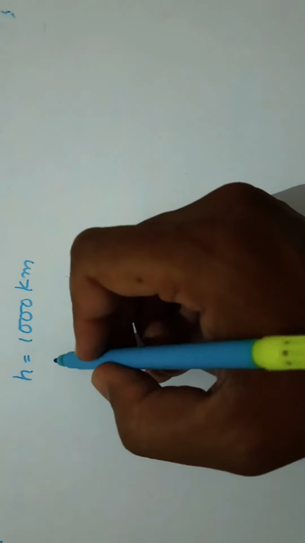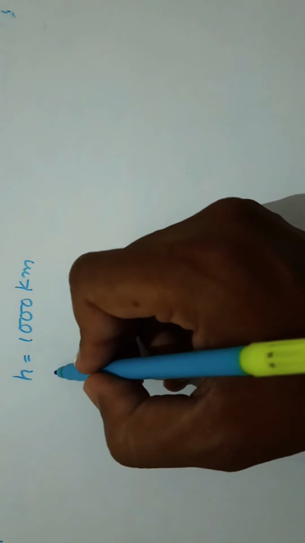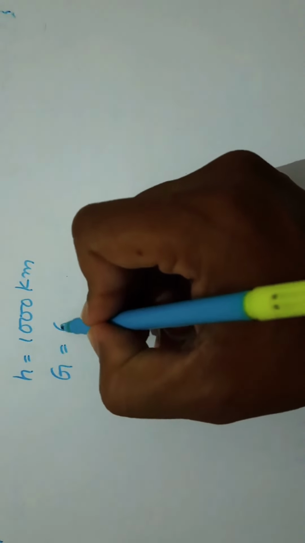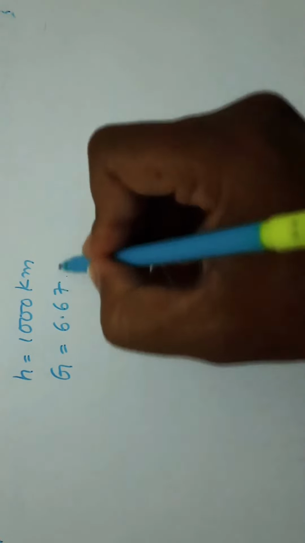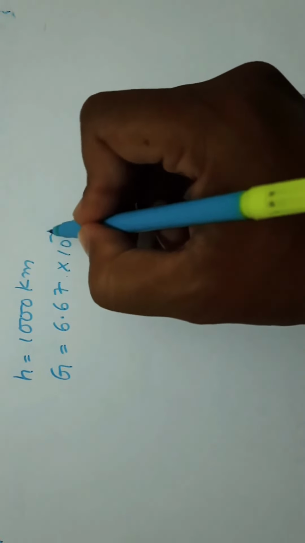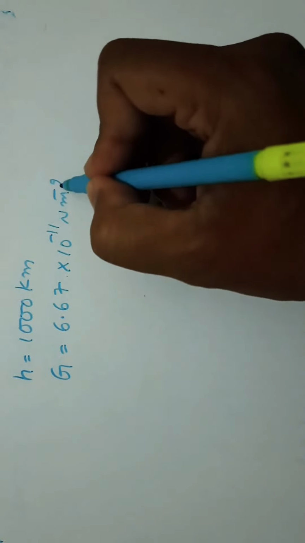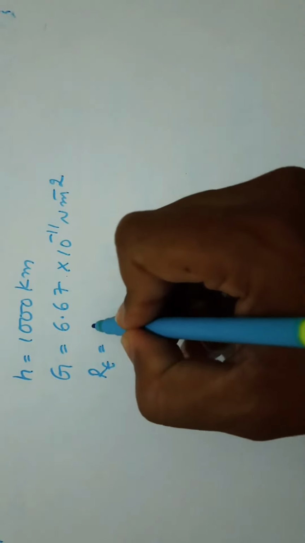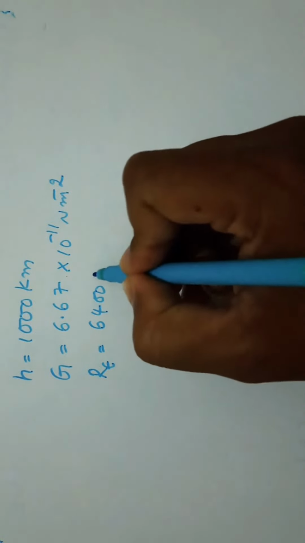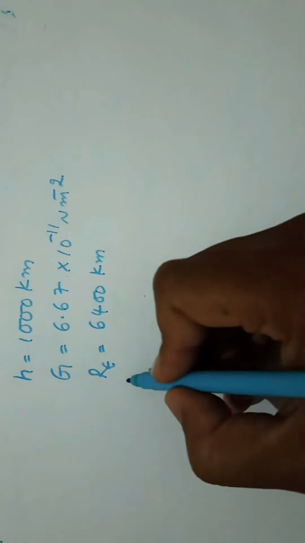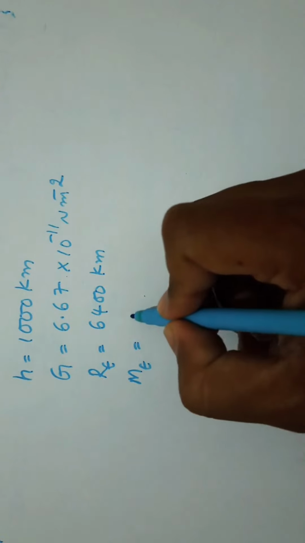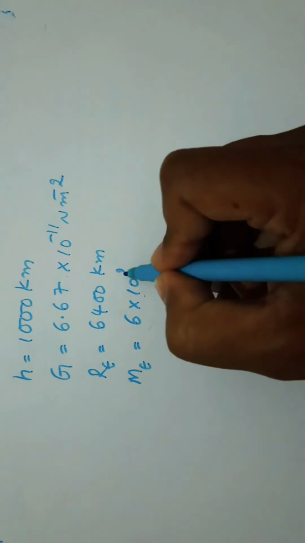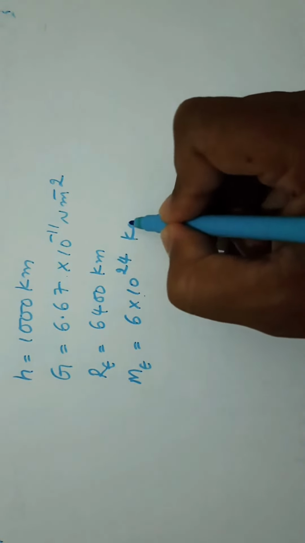So we know the universal gravitational constant G is equal to 6.67 × 10^-11 N m²/kg². The radius of the Earth is 6400 km and the mass of the Earth is 6 × 10^24 kg.